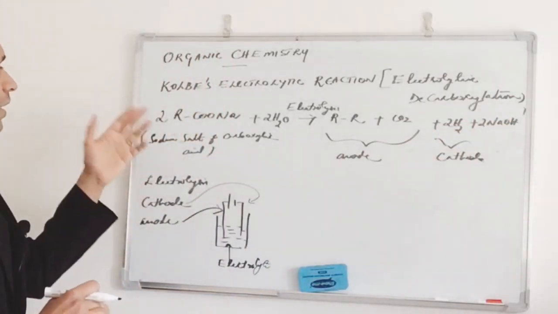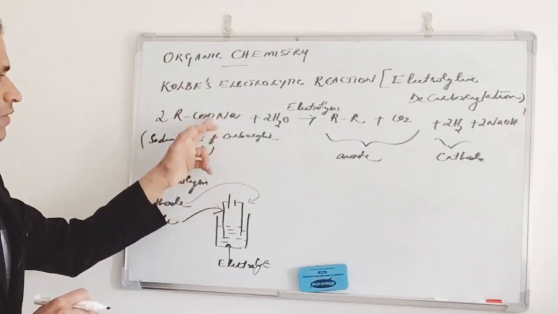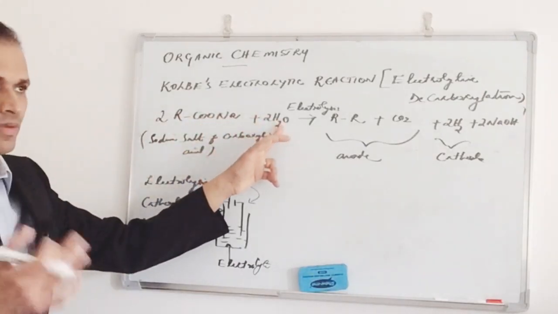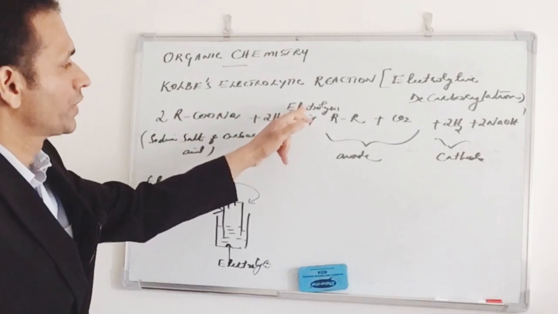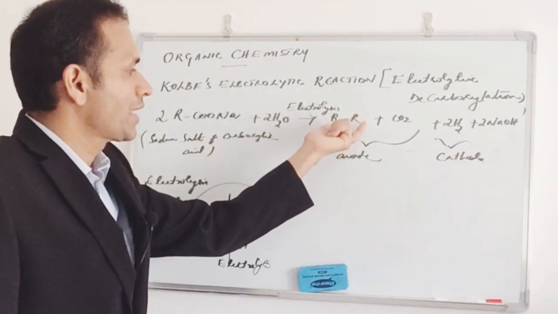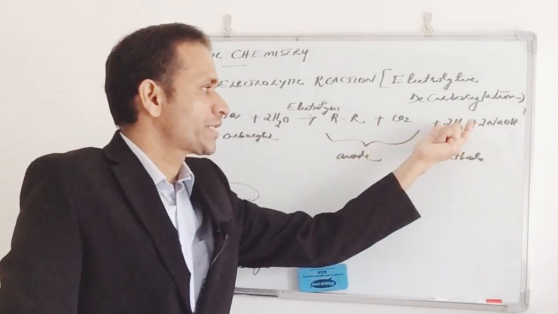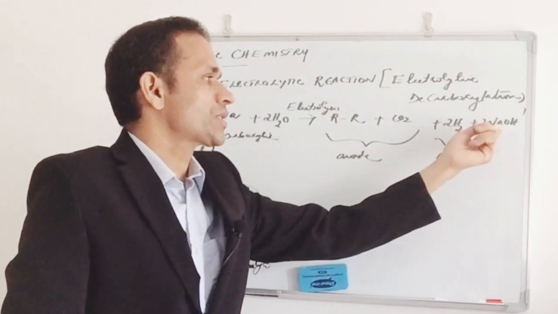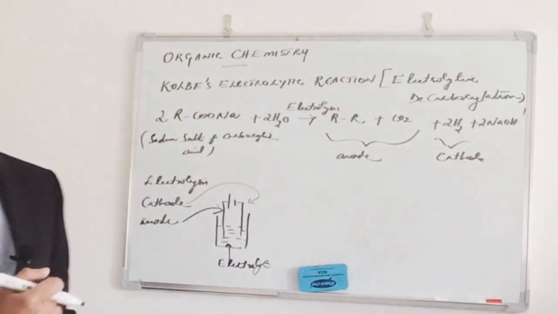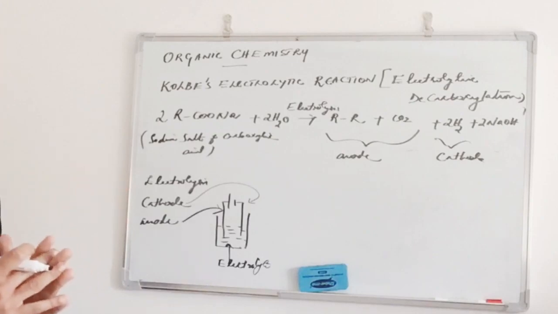Generally, RCOONa, the sodium salt of a carboxylic acid, in aqueous solution, water. During the process of electrolysis, what happens? We will be getting an alkane and carbon dioxide at the anode, hydrogen at the cathode, and sodium hydroxide in the solution. This is the general form of a Kolbe reaction.